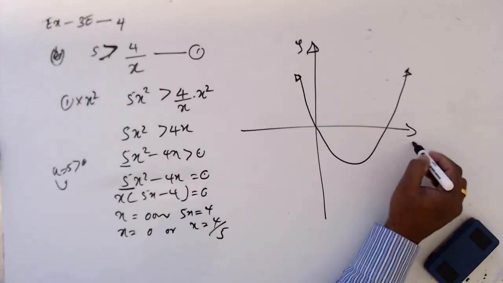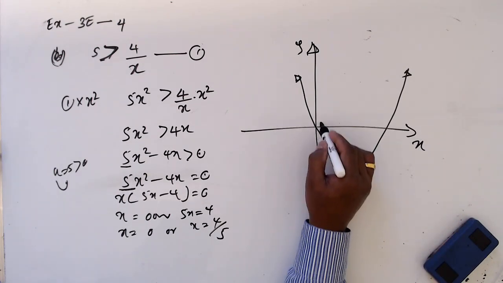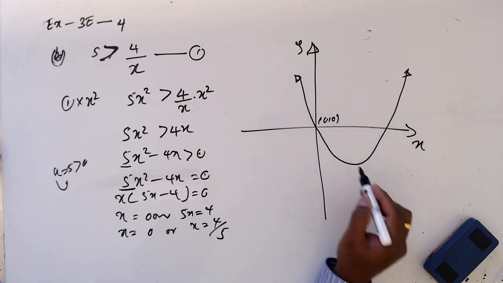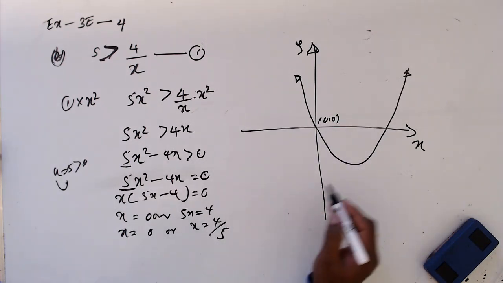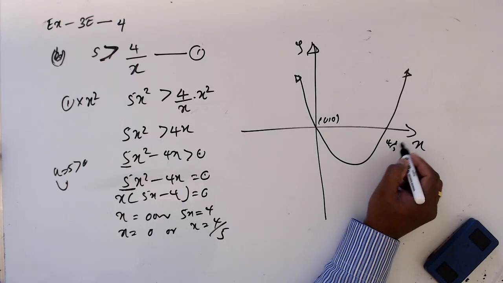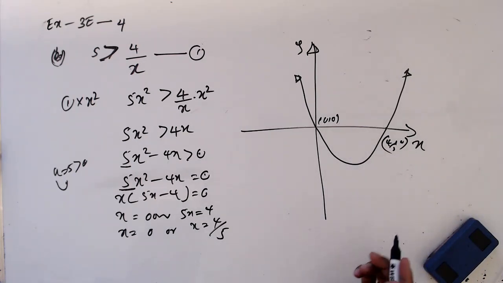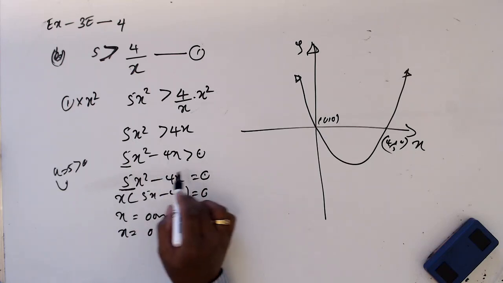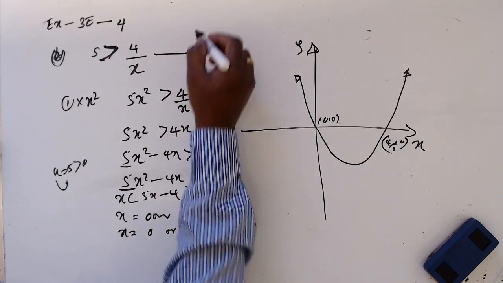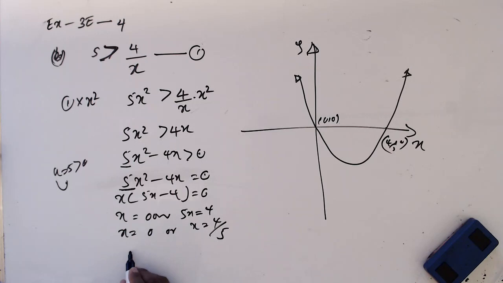Y, x, this is 0, 0, this is 4 over 5, 0. And now we need the y value. We need 5x square minus 4x greater than 0, which is y greater than 0.